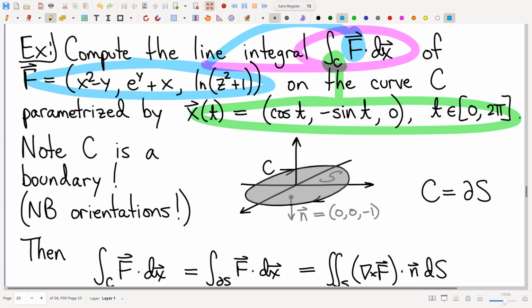Now, in terms of presentation, you notice the curve is given parameterized. We have a formula for how to compute a line integral using a parameterization, pulling back through the parameterization. And you might be tempted to do that. You might be tempted to say, all right, here's x, here's y, here's z.